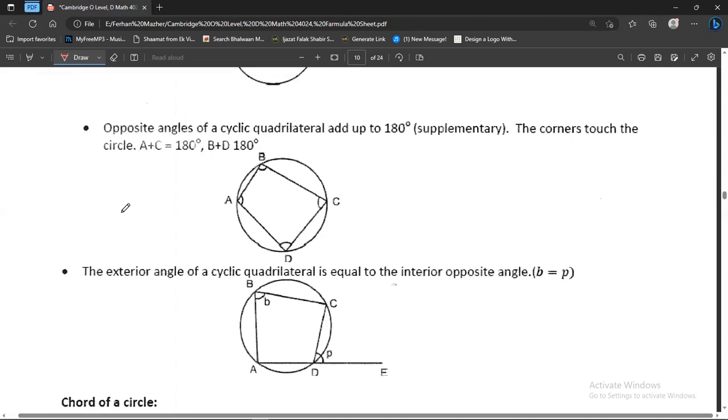The exterior angle of a cyclic quadrilateral is equal to the interior opposite angle. For example, in this cyclic quadrilateral you extend one side. The angle between this extended side and the adjacent side of the quadrilateral is the external angle, and it will be equal to this opposite interior angle. So this angle will be equal to this angle.